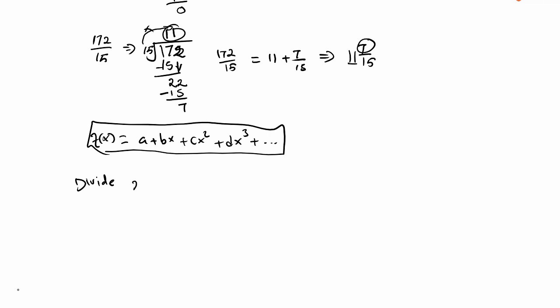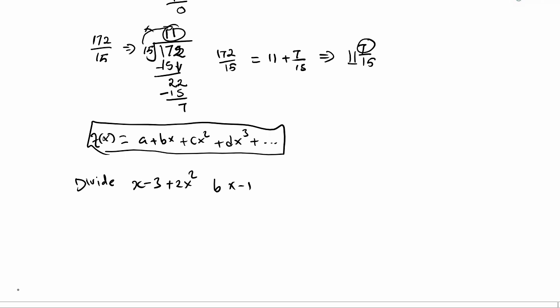x minus 3 plus 2x squared by x minus 1. This is an example of polynomial division. We are going to employ the principle of long division with real or whole numbers.